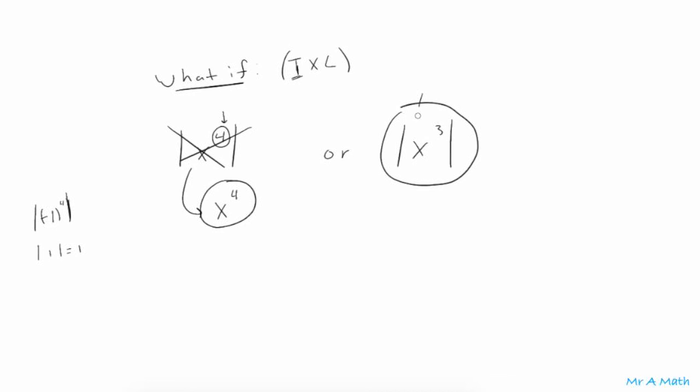If I plug in a negative number here, like let's say -1, -1 to the third power is -1. So the absolute value of -1 would get you +1. So this absolute value function is necessary here. Make sure you consider this when you're typing stuff into online homework assignments like IXL.